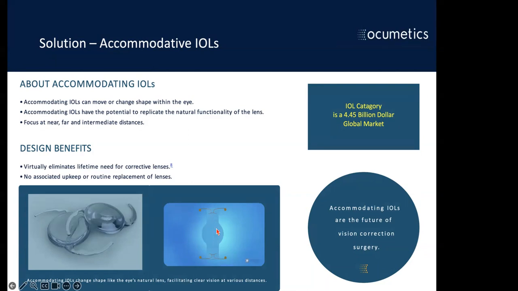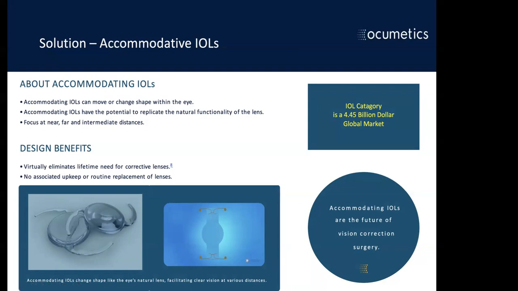On the right-hand side, this is a very first accommodative lens. It was called the crystalline lens, and it was designed to work where your eye pushed these little things here, they call them haptics, together. So it pushes them towards the end, and this lens vaults up. And because of that vaulting, you would be able to see near, intermediate, and in the distance.